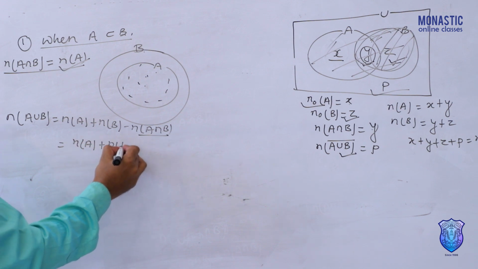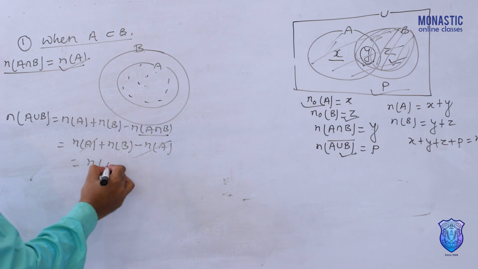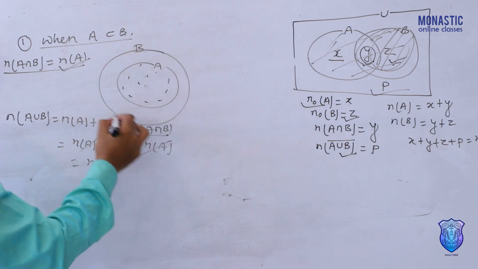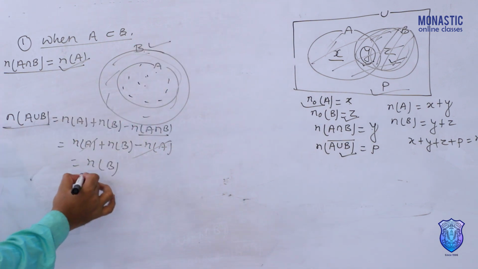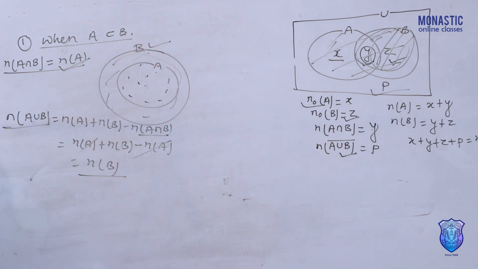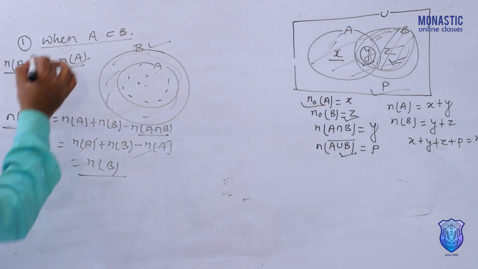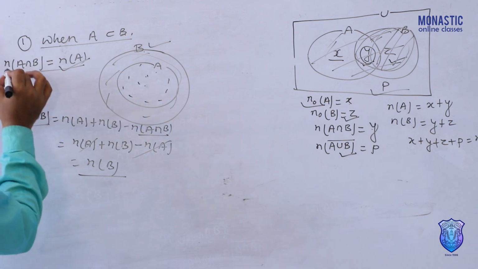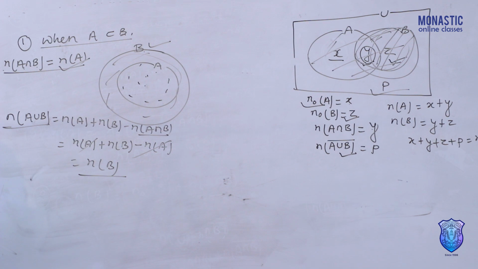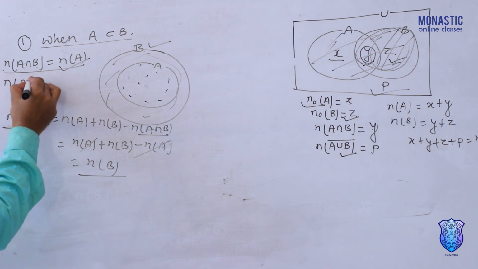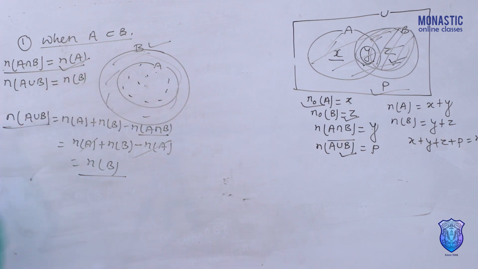Number of A. If we put this, it cancels, leaving number of B, and you know from the figure this whole is B. So number of A union B is number of B. So when A is a subset of B, number of A intersection B is equal to number of A, and number of A union B is equal to number of B.